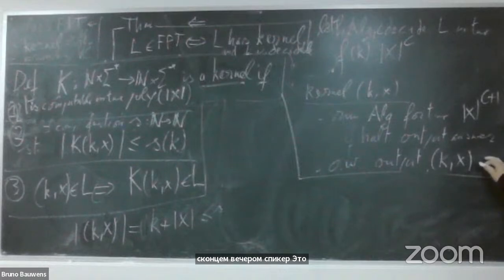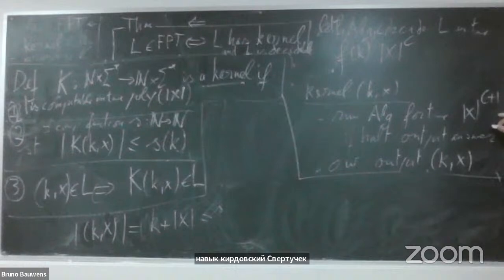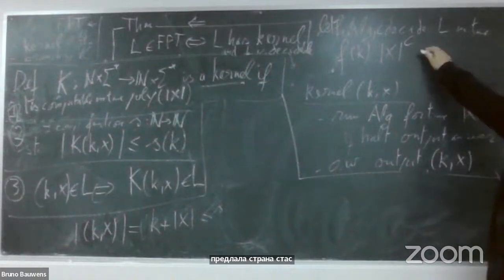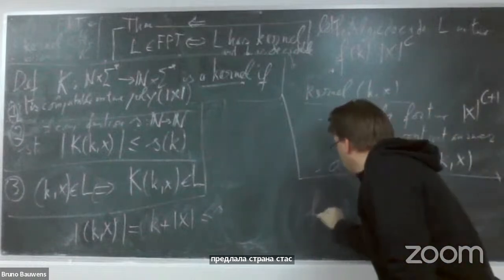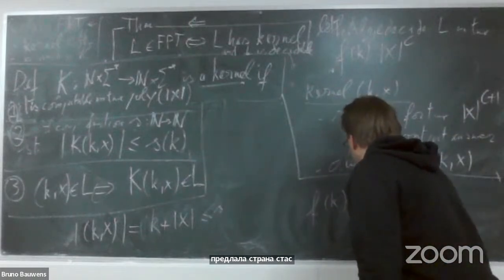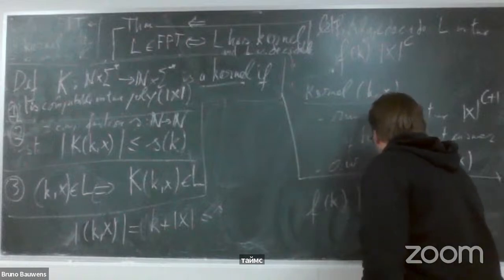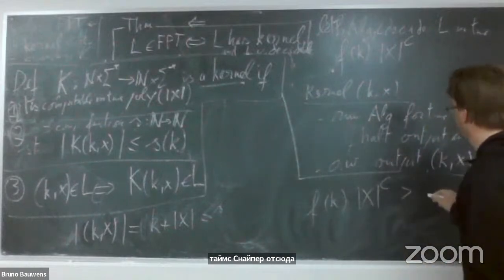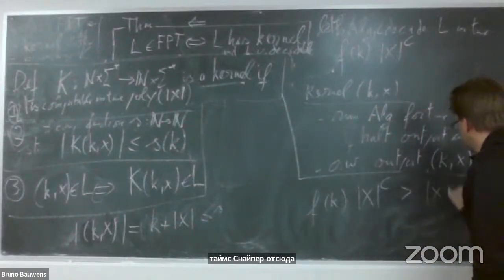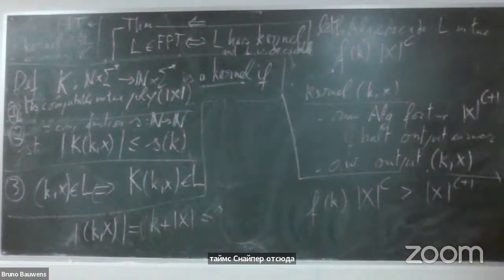Now here, this case, we have to check. It's the last task. Okay, so here we know that the runtime was larger than this thing. So what do we know? Here is our runtime. So we know f of k times length of x to the power c was larger than |x| to the power c plus 1.